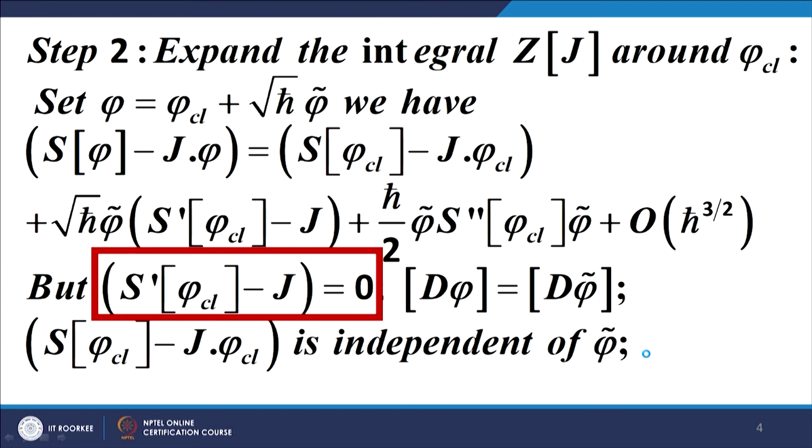We confine ourselves up to the second order term. Now, the first order term obviously vanishes because of the saddle point condition. We also have the path integral measure with respect to phi equal to the path integral measure with respect to phi tilde. And we also have this expression, S of phi classical minus j phi classical, which is independent of phi tilde, because it is given by the saddle point approximation, it is fixed.